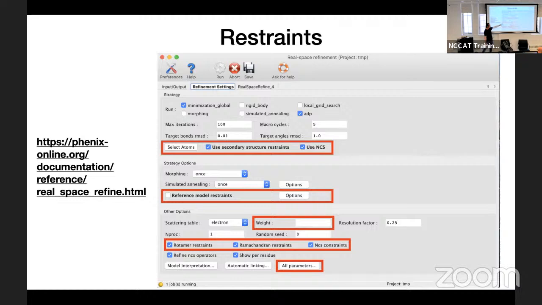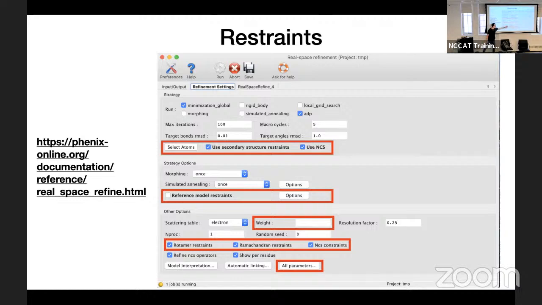So you can either restrain the output structure to be very similar to the input structure, or you can supply a separate PDB file and say, my model that I'm refining should stay similar to this. You can input multiple reference models, say to match different domains in your protein. This can be really powerful, especially in cases where you have a really good starting model and your data is kind of modest.